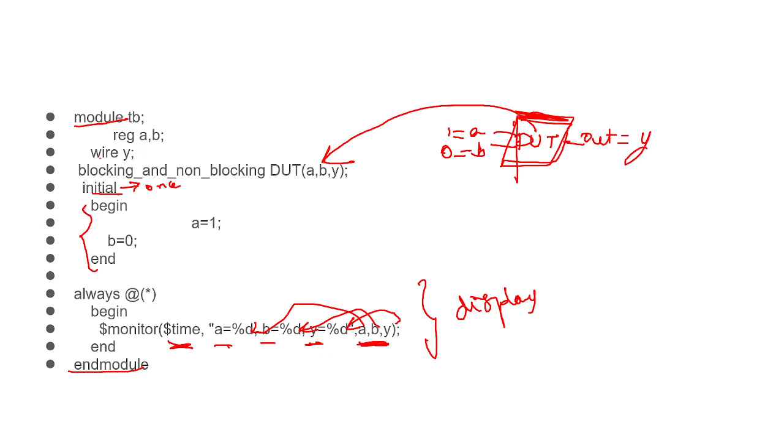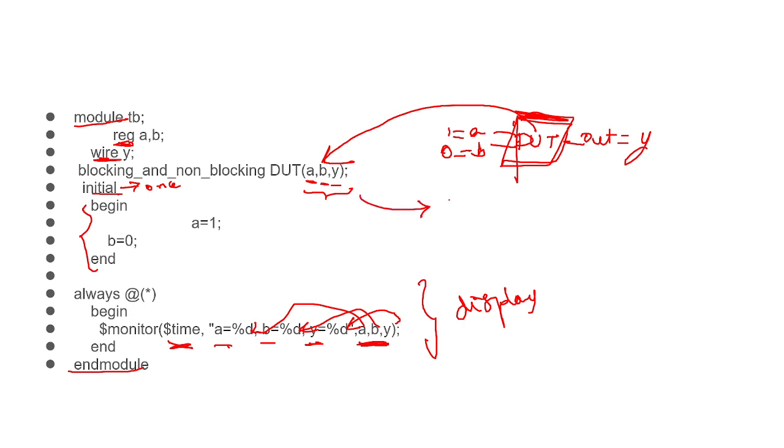So I have defined the output to be wire type and register, and I have applied the input A, B and Y. This order is input followed by output, same as in the module definition.